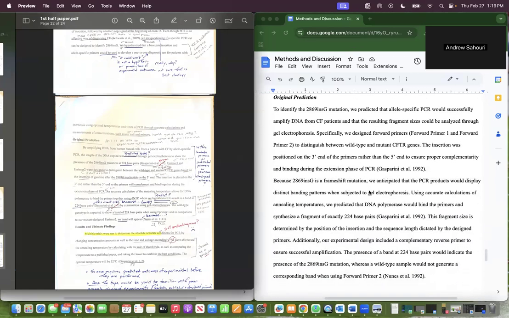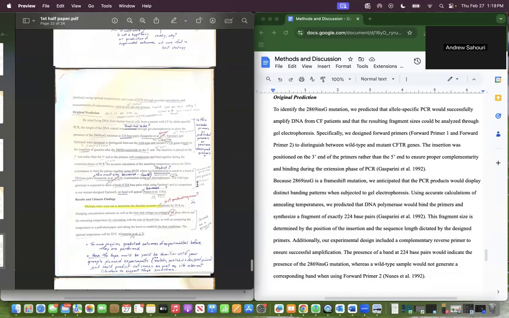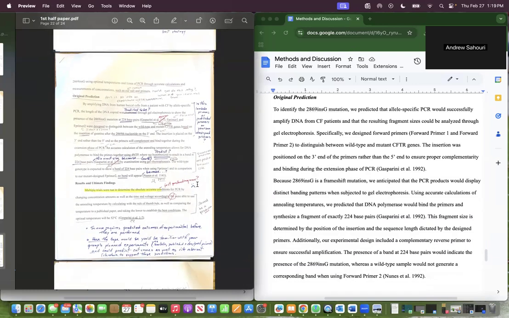And then to our original prediction, the length was predicted to be... we just said, instead of "examine," we put "analyze through gel electrophoresis."